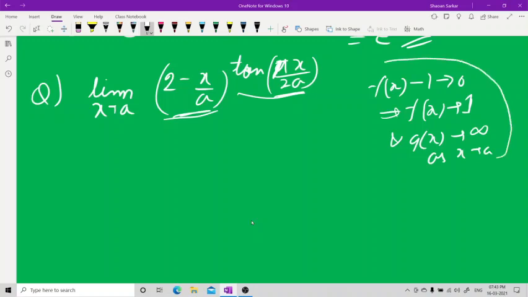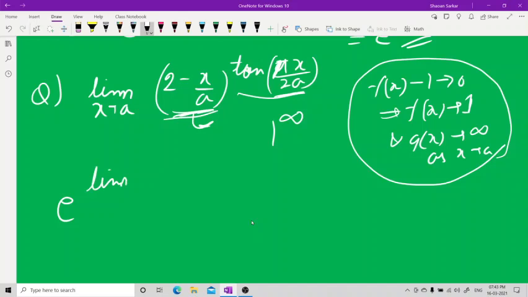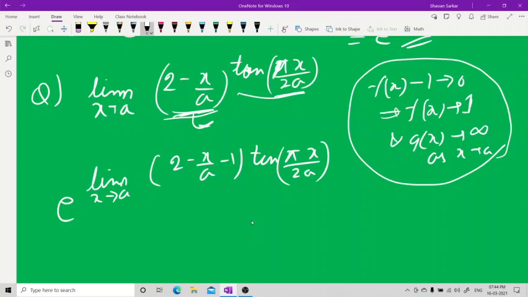I told you this concept in my earlier video. Now as this goes to 1, this goes to infinity. So this is nothing but 1 to the power of infinity form. So use this now: e to the power of limit x tending to a of (f(x) minus 1) g(x), that is tan (pi x by 2a).